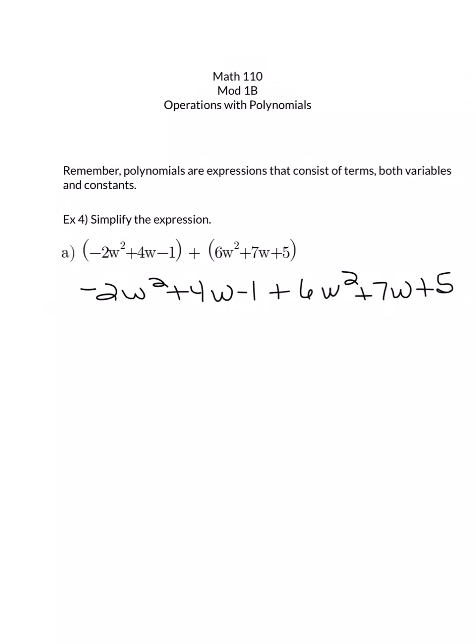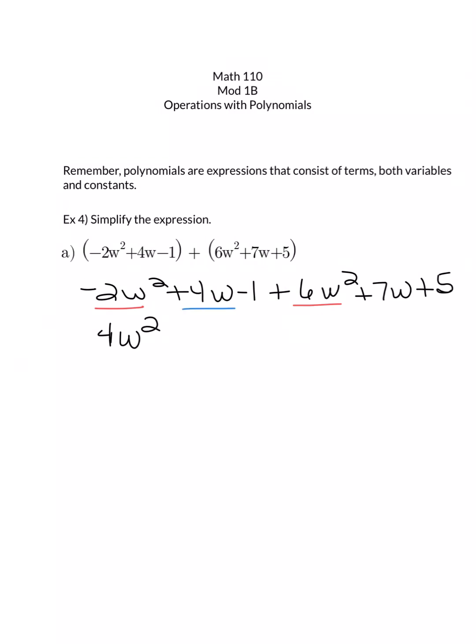Remember that in order to add polynomial expressions, you combine the like terms. Like terms have to have the same variable with the same exponent on it. So, negative 2w squared and positive 6w squared are like terms. Adding those, we're going to get positive 4w squared.